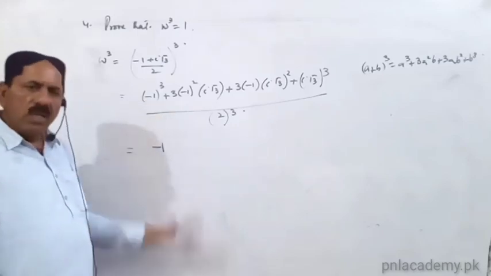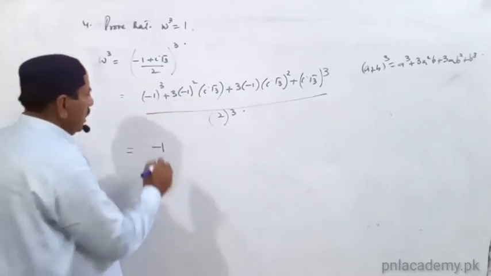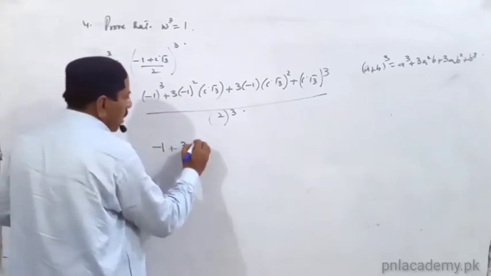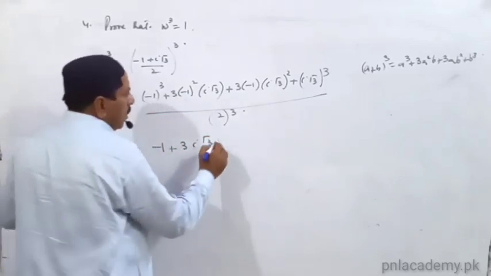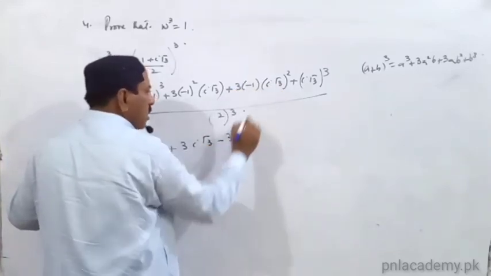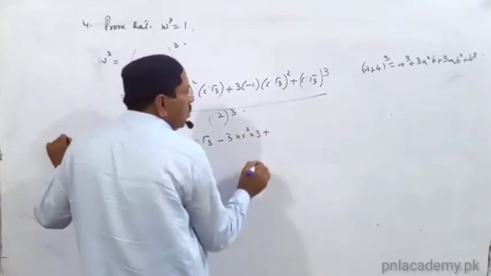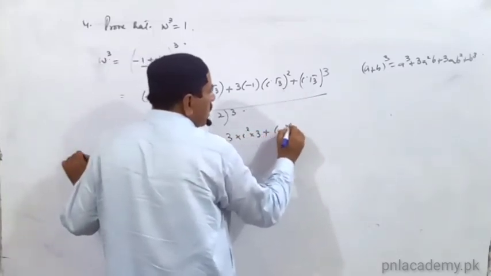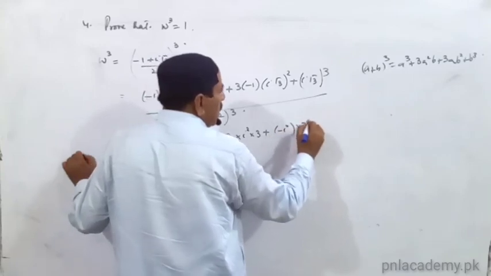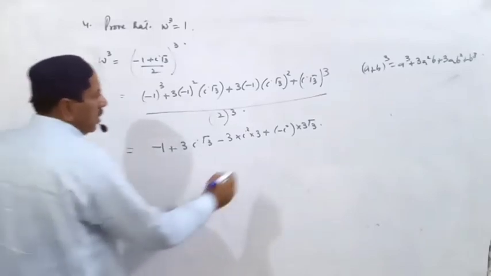Minus 1 cube means minus 1. Minus 1 square means plus 1, plus 1 into 3 iota radical 3. Minus 1 into 3 iota square into 3. Plus iota cube means minus iota, 3 radical 3. 3 radical 3 cube means 3 radical 3 upon 8.